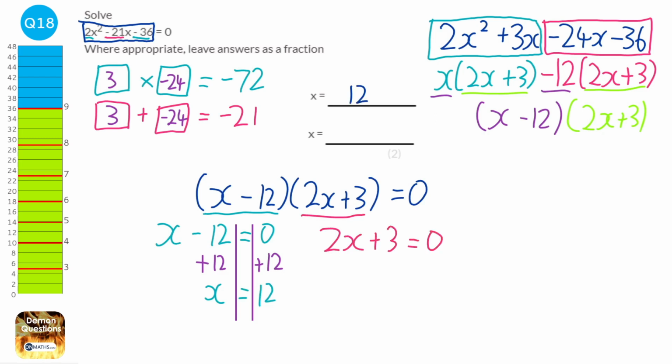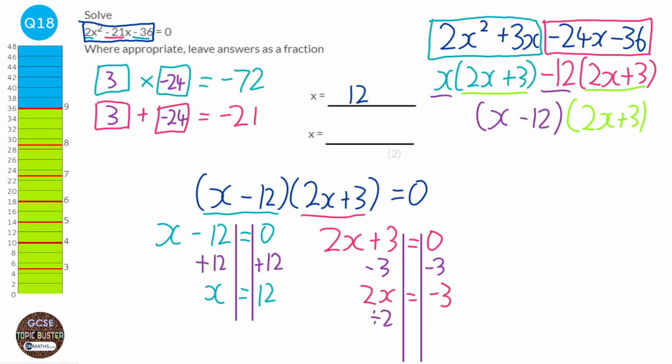Get it equal to 0 and solve it. And so we're going to take away the 3 both sides first of all. So we've got 2x equals minus 3. And then we're going to divide by the 2 both sides. So we've got x equals, and we can write it as a fraction, minus 3 over 2, or minus 1.5.